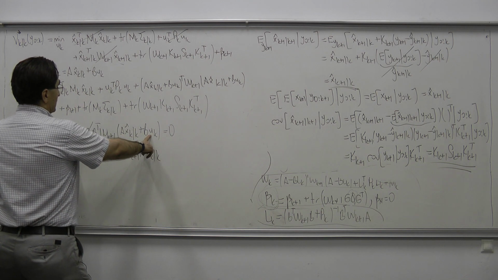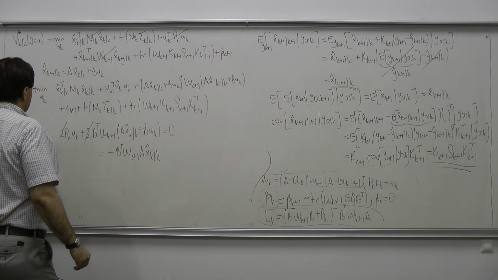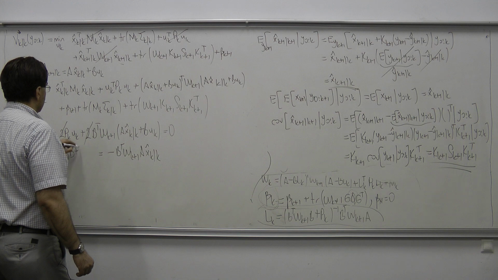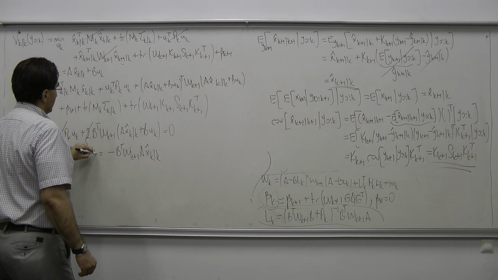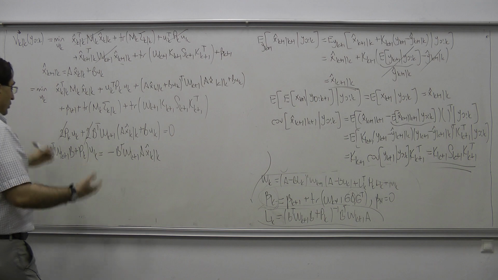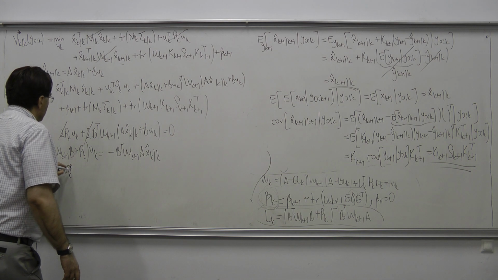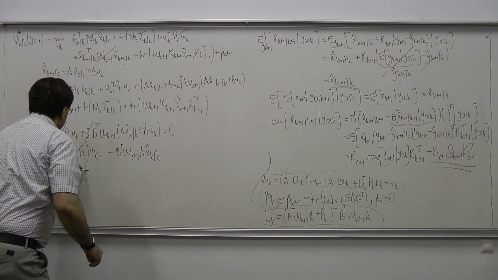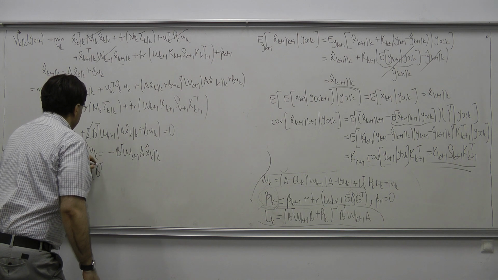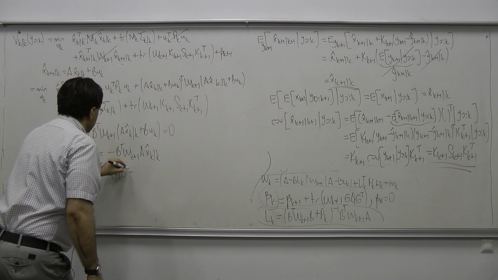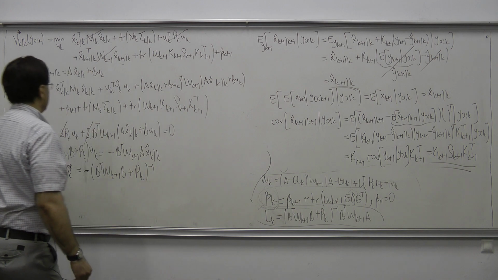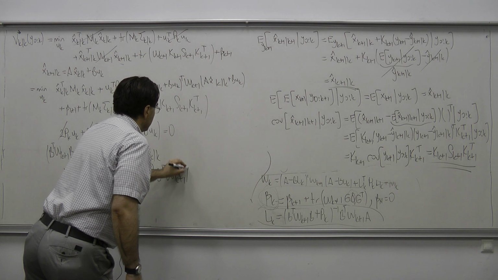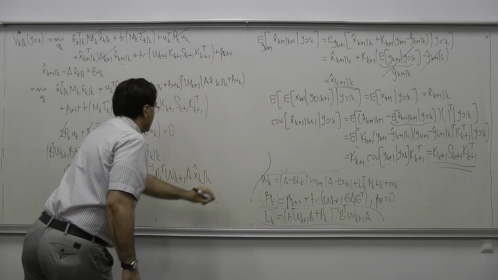I would collect all of the uk terms together, so I would have B transpose W k plus 1 B plus Pk times uk is equal to just this. And then solve for uk star. uk star is equal to minus B transpose W k plus 1 B plus Pk inverse, and I would have the remaining terms, B transpose W k plus 1 A x at k given k.